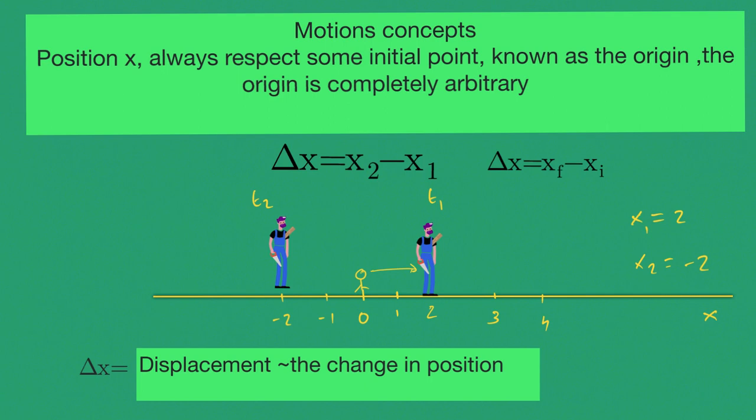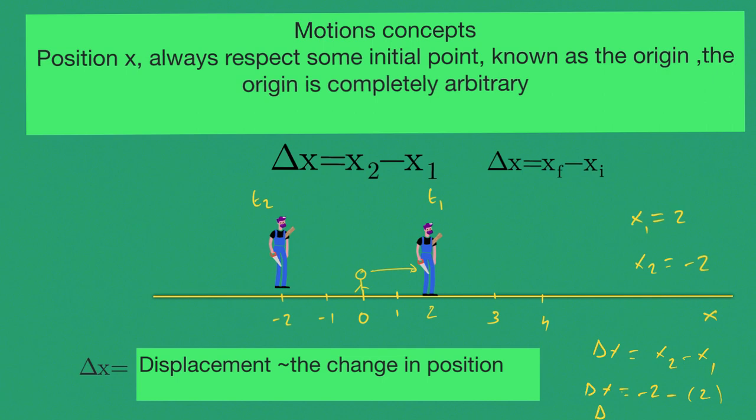The displacement of the object, of the person in this case, is x2 minus x1. So the object has performed a displacement of minus 2 minus 2, so the displacement will be minus 4.